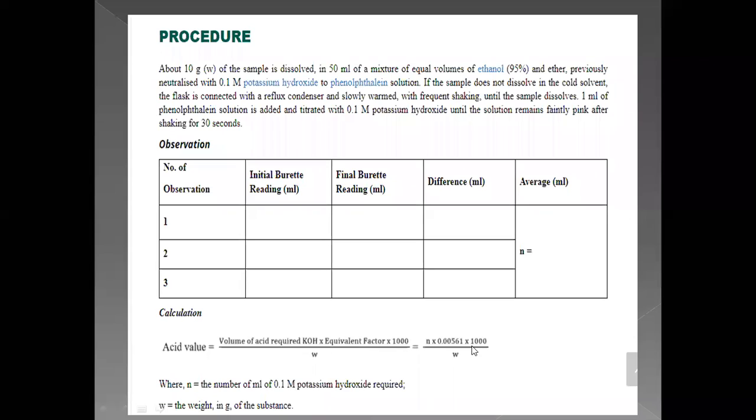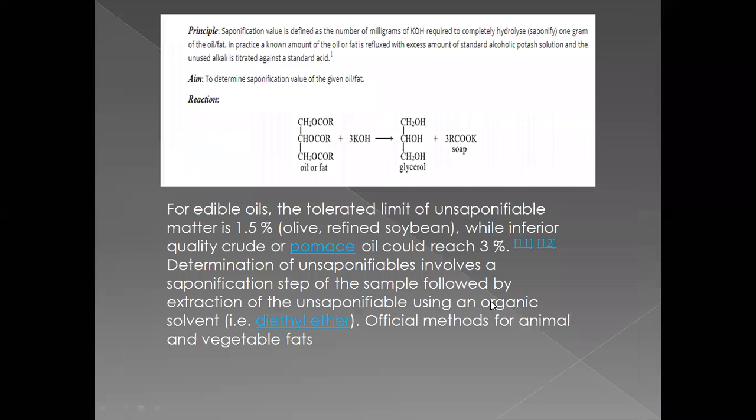The factor for the calculation is 0.0056, multiplied by 1000 divided by W, the weight of sample in grams. So this calculation will give us the value of acid number. The higher the acid number, the poorer the quality of the sample. The lower the acid number, the better the quality of the sample.